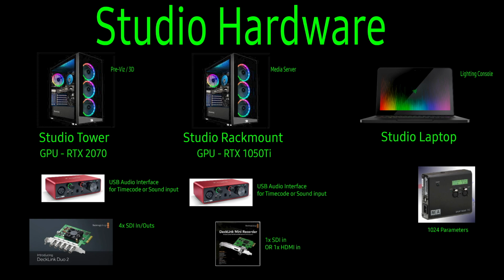In my media server rack mount, I have a DeckLink mini recorder, which is just one input of the HDMI or SDI flavor. I have another Focusrite for the same reason.